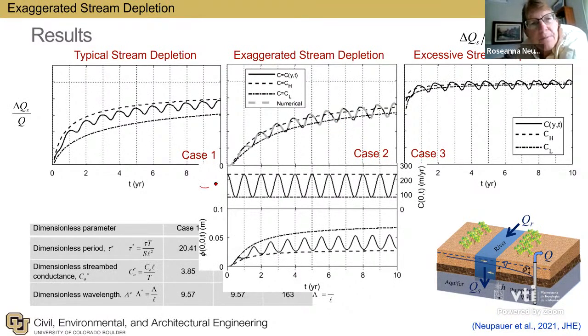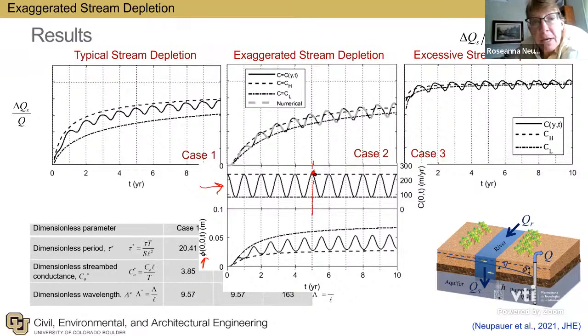This middle plot is showing the conductance at y=0 as a function of time. And so it varies as a cosine. It varies from the highest value to the lowest value. And then the plot below is showing drawdown at y=0 in the stream as a function of time. And what's happening is that, let's take this point right here, this time at 5 years.